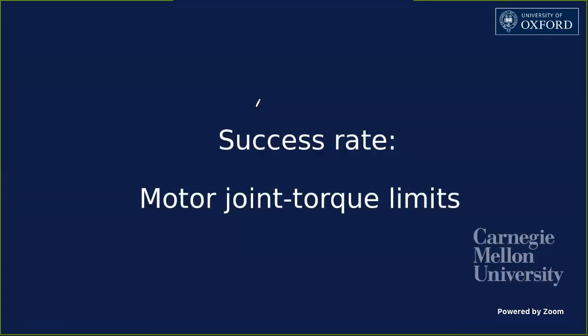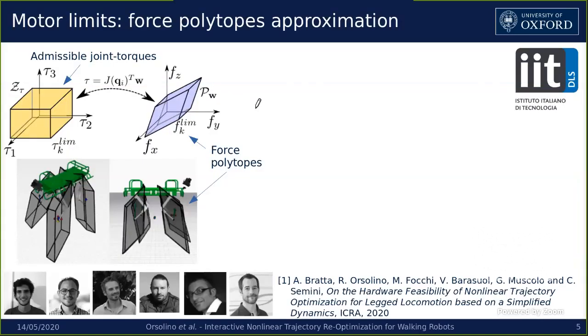So as regards the first way, the success rate, I'll focus on the motor joint torques. In particular, the first project I mentioned proposes an approximation of the force polytopes.